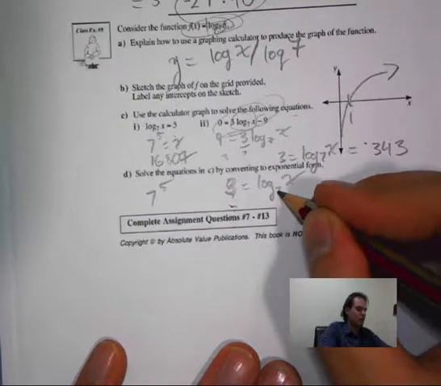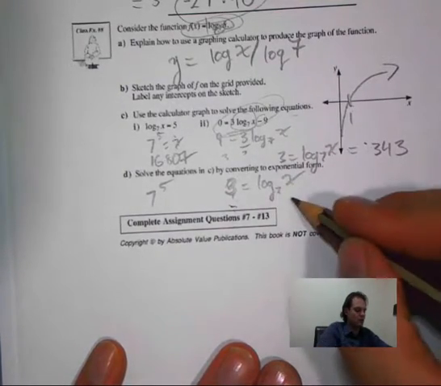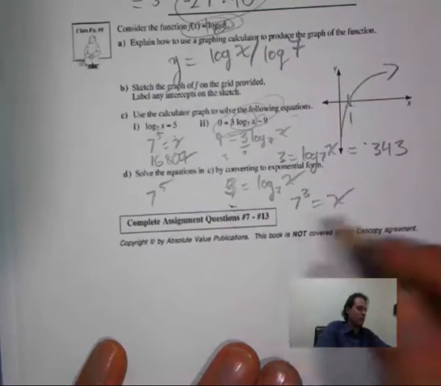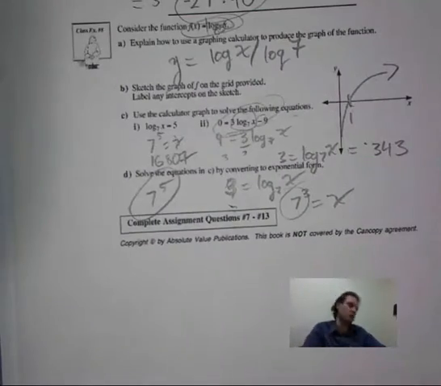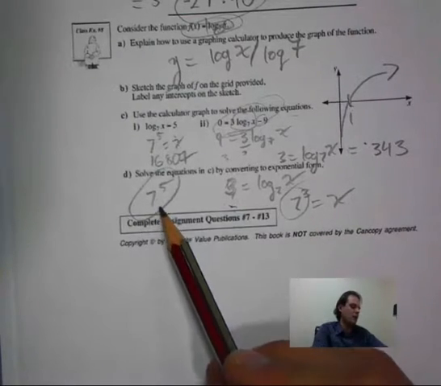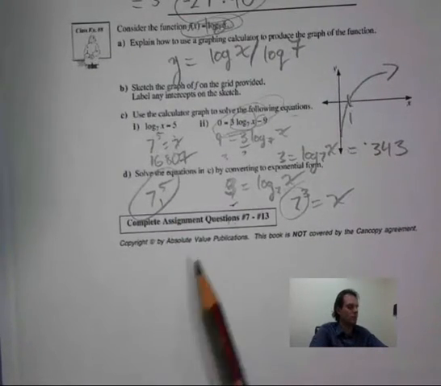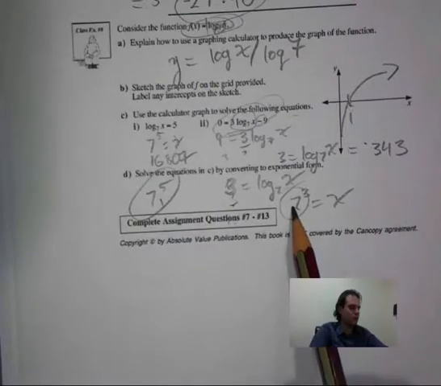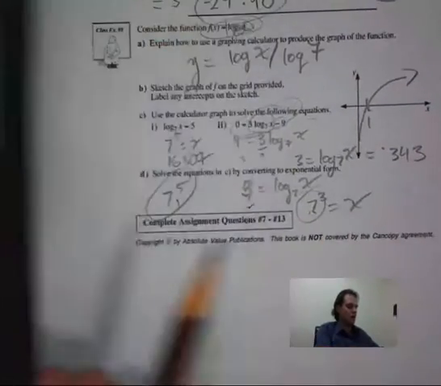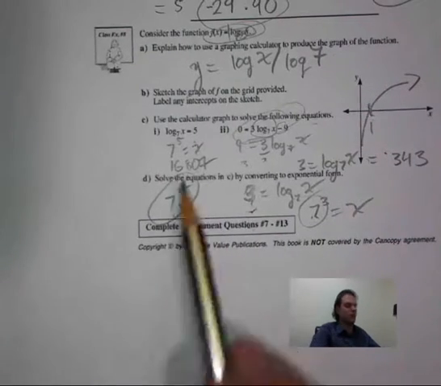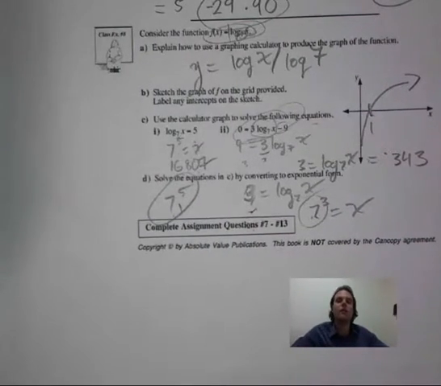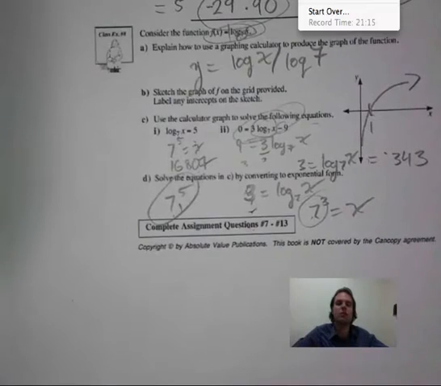So that's 7 to the power of 3 is equal to x. And that's how we solve these ones there. Okay? That's everything, which is 343. And this one here is going to be 1016.07. Alright? So if you have any other questions, don't be afraid to ask tomorrow. See you tomorrow.